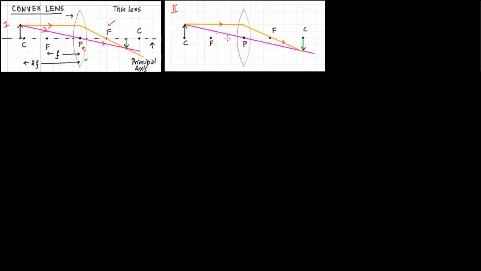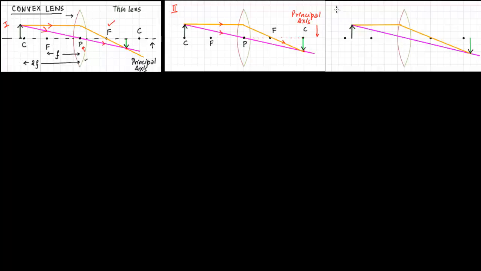The second ray goes through the center of the lens, so it does not bend, it just goes straight. And these two rays intersect right here, and this point of intersection is below the principal axis. So again, this line joining P and C is the principal axis. And we get an image here.